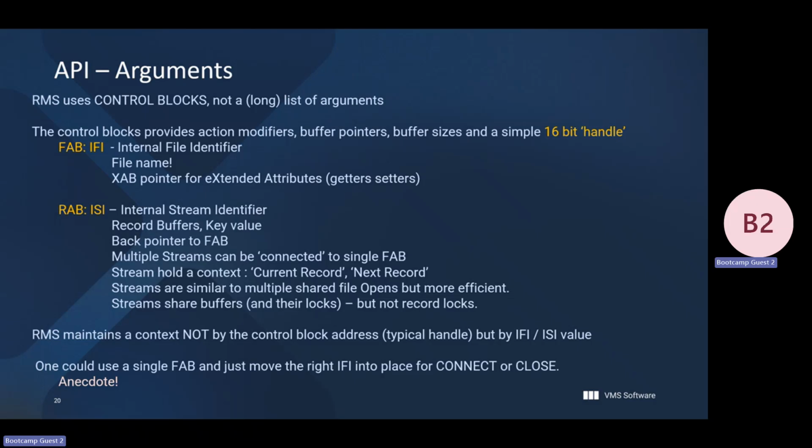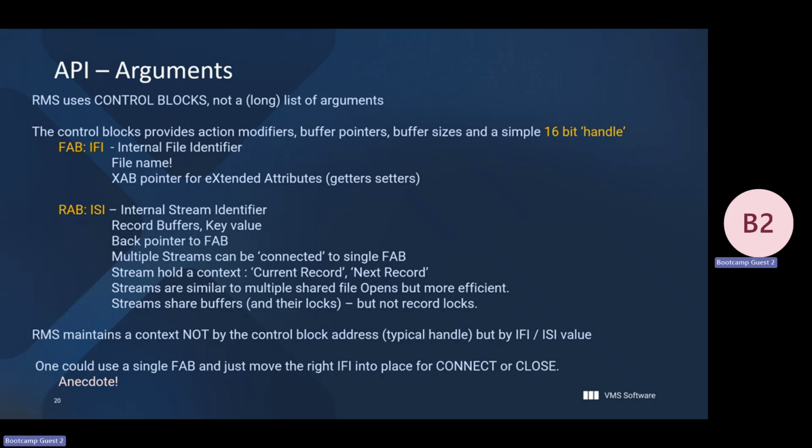That isn't happening. So RMS, when you write an RMS program, the official RMS interface is a set of control structures. We don't do a list of arguments. They appear like handles.